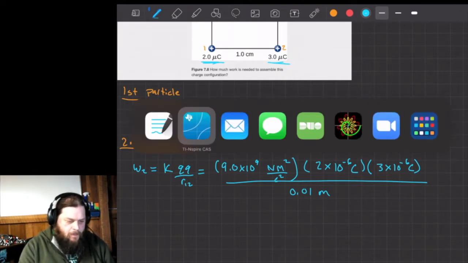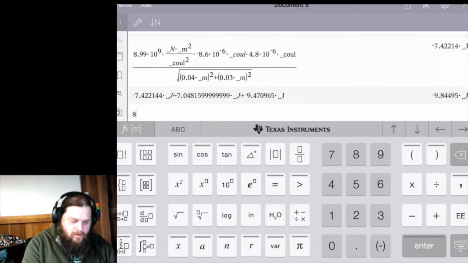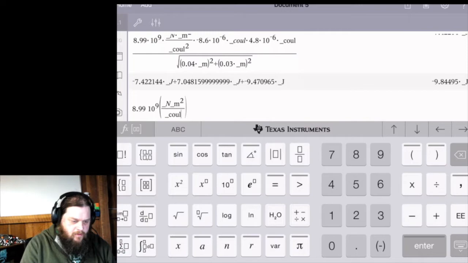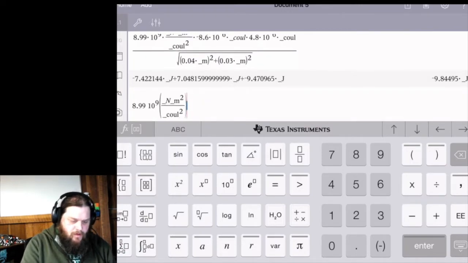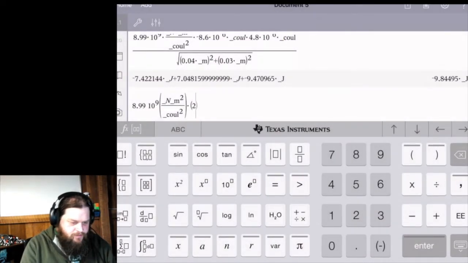Doing that, let's do 8.99 times 10 to the 9th newton meters squared per coulomb squared. We're going to multiply that by 2 microcoulombs, 2 times 10 to the negative 6 coulombs, times another 3 times 10 to the negative 6 coulombs.